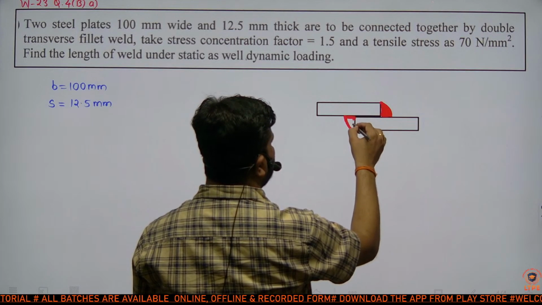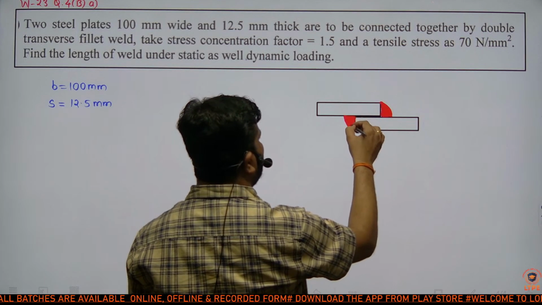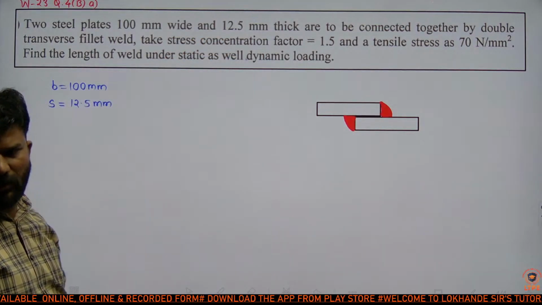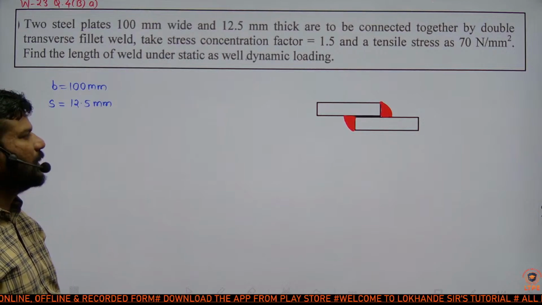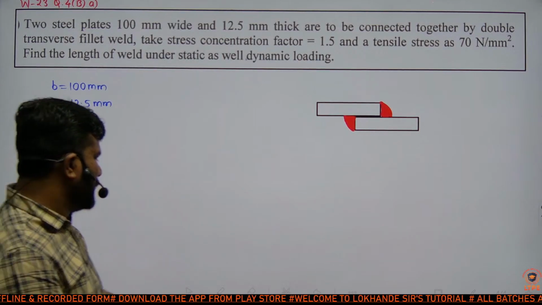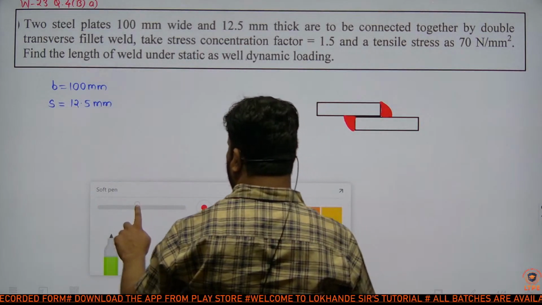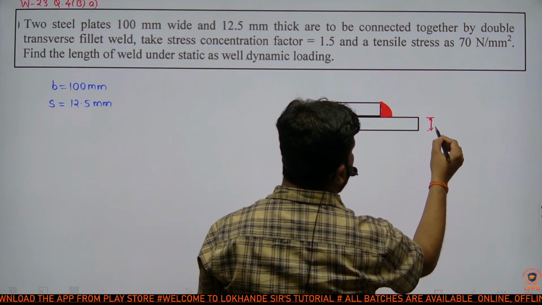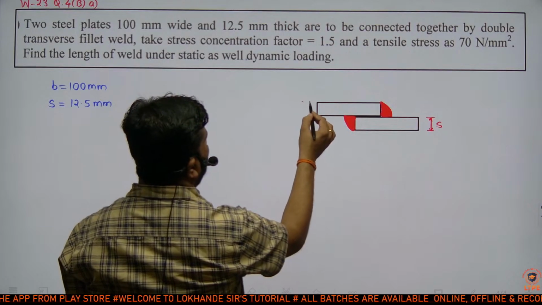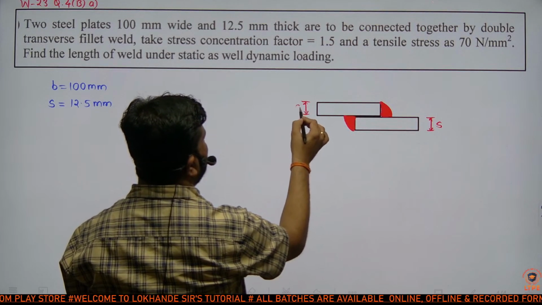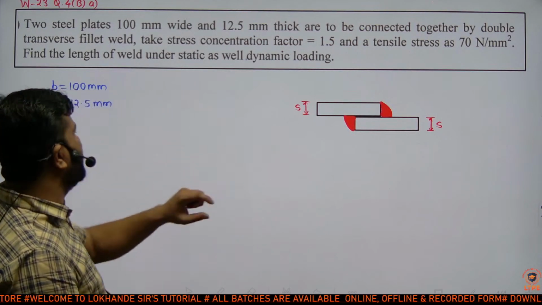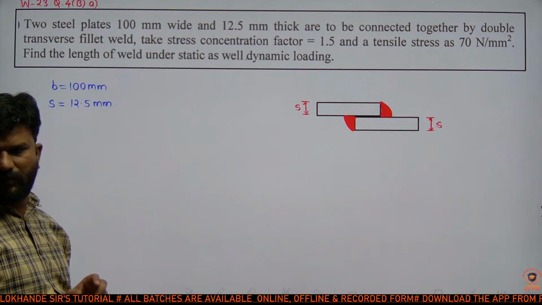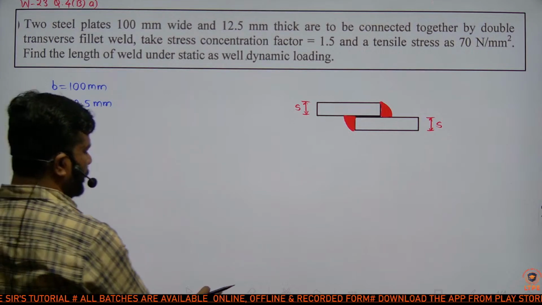Double transverse means we have to weld both sides of the plates, called a double transverse. And this is nothing but the size of plate S. So I'm assuming both plates are of the same size S. Thickness of plate is 12.5. Width of plate is 100. Next.